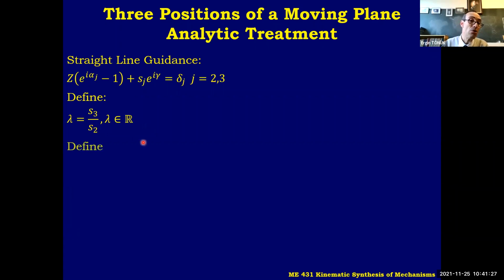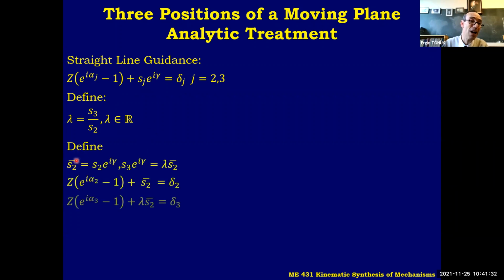Then you can define a new complex variable. This is not conjugate. I just put the bar to show that it's a complex number, S2 bar, as S2, the real number, e to the I gamma. Okay, so that's a complex number. Then you can define S3 e to the I gamma as lambda S2 bar. So these are complex numbers.